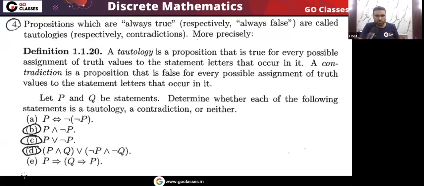Okay, let's quickly see which of these is a tautology. Quickly tell me: P biconditional double negation of P. So what about option A? See, option A is like this: P biconditional P double bar. This is the same as P biconditional P. They are the same, right?